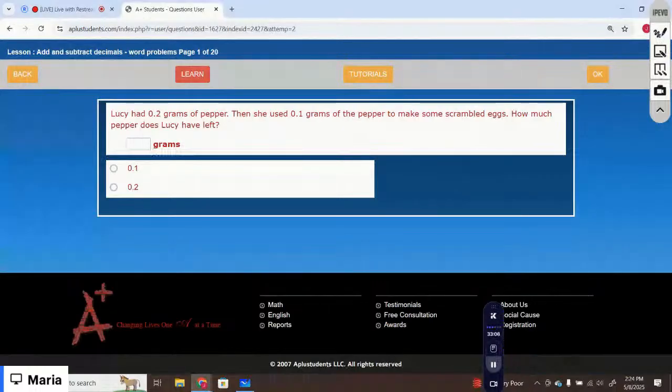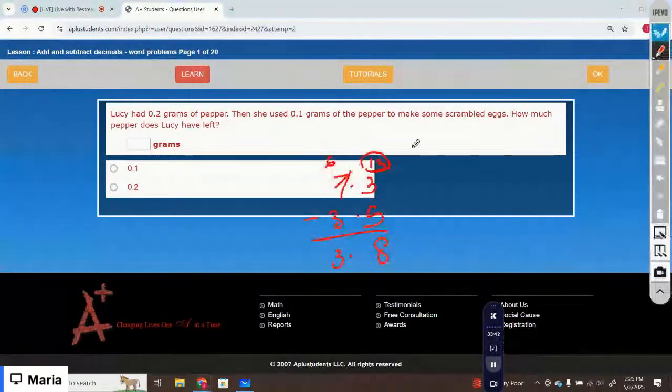How much paper does Lucy have left? 2 minus 1 is 1. So that is 0.1. Option number 1 is the correct option.